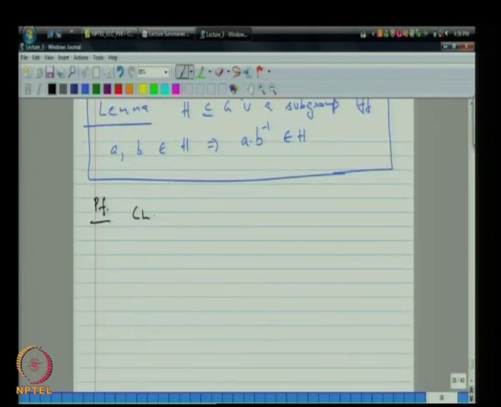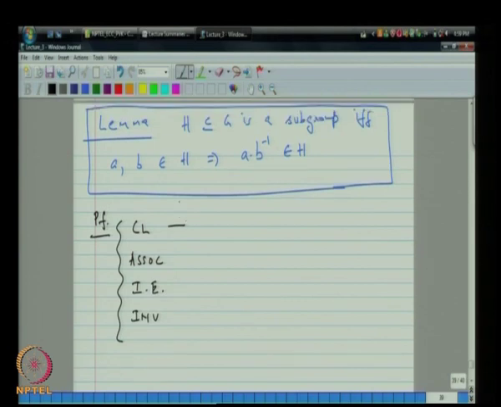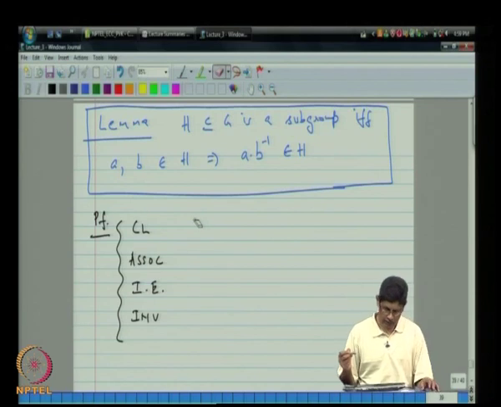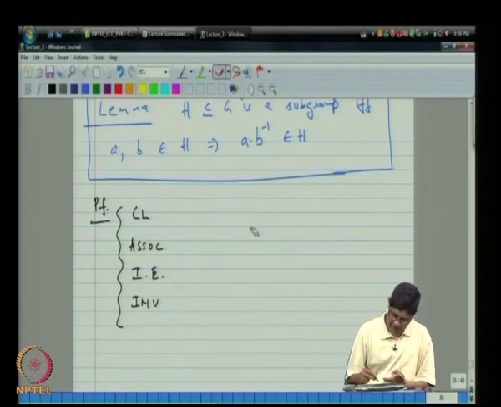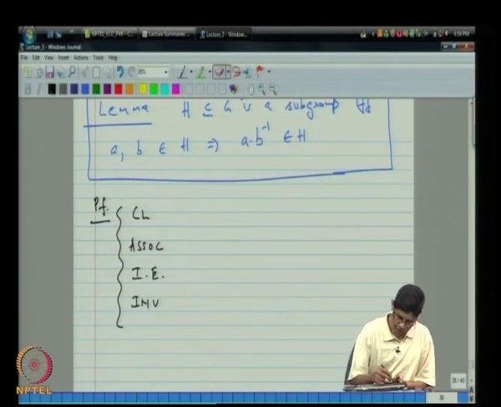Which are the axioms of closure, associativity, the identity element, and the inverse. We will not necessarily tackle them in that order. It is convenient to tackle the identity element first.